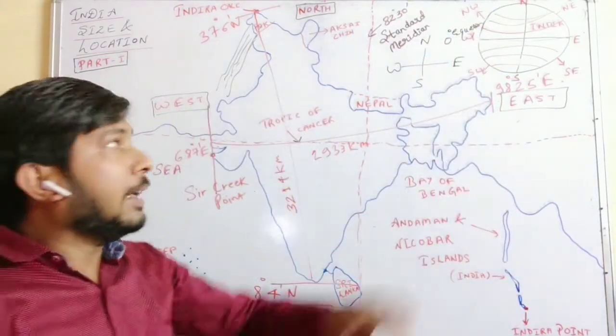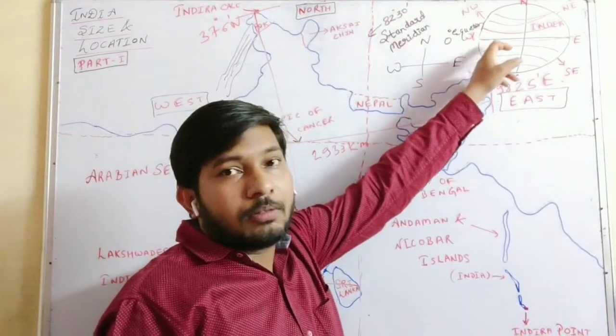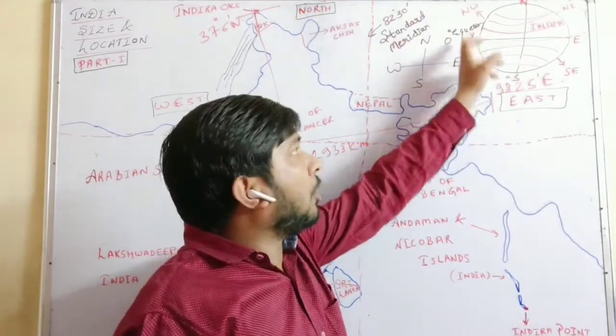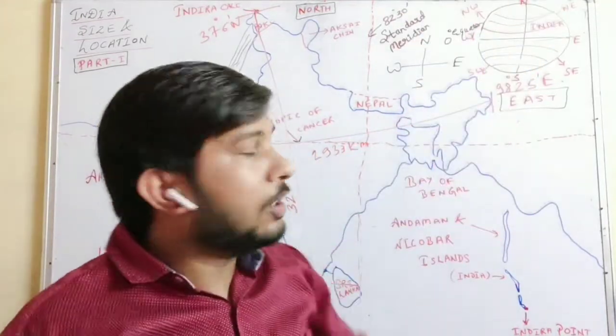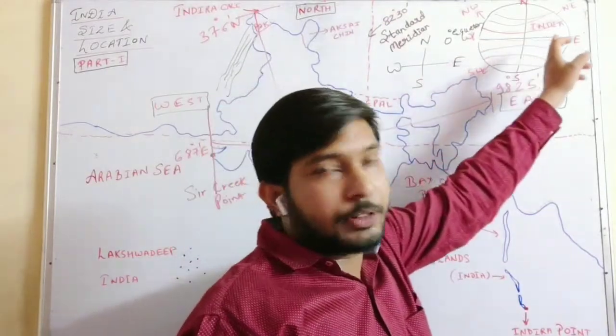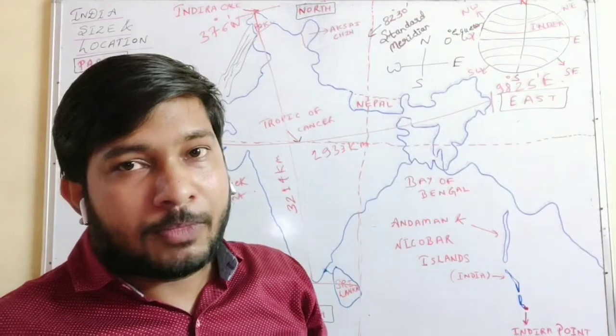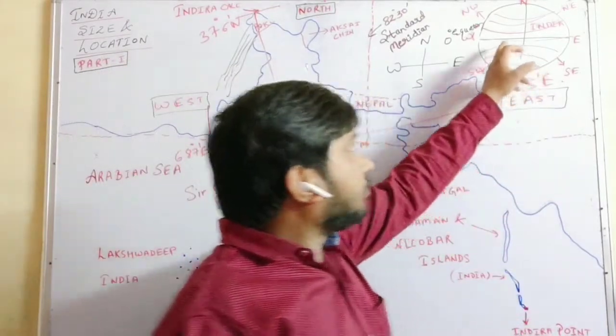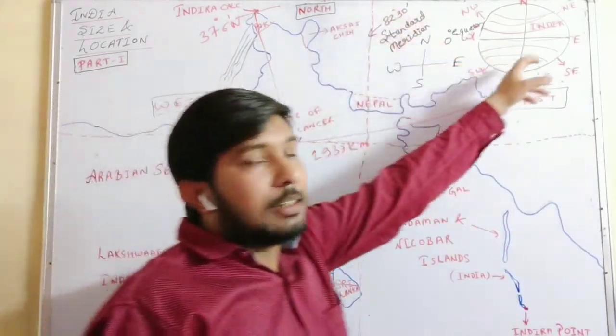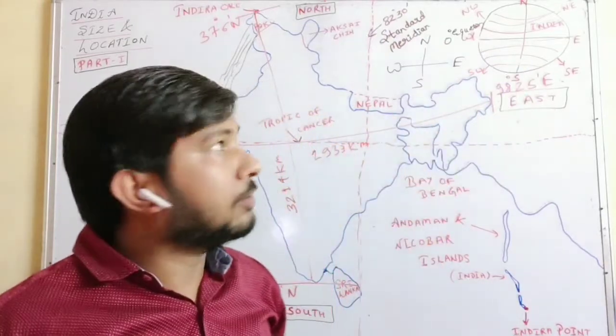Now, it is a line of latitude, because there are several lines in latitude form, and these latitudinal lines are parallel to each other. Similarly, longitudinal lines are also drawn here.